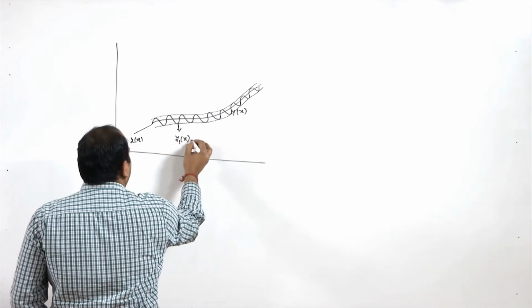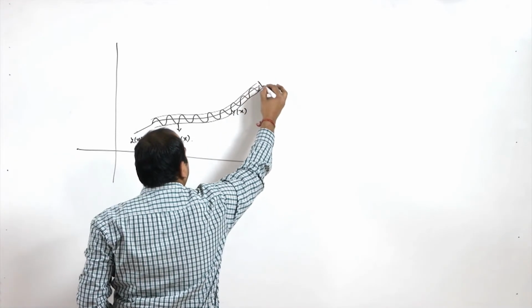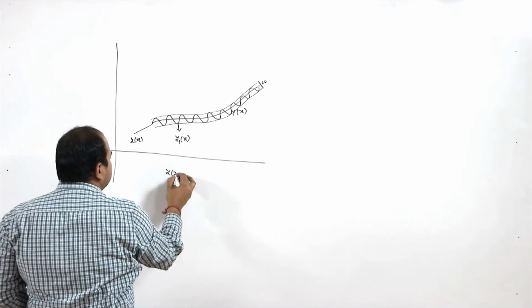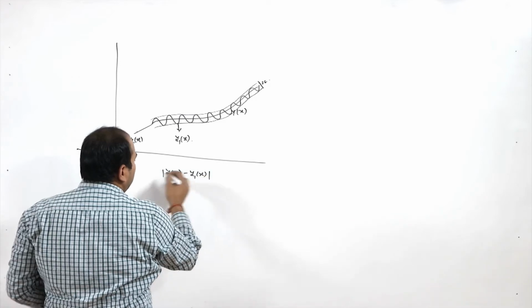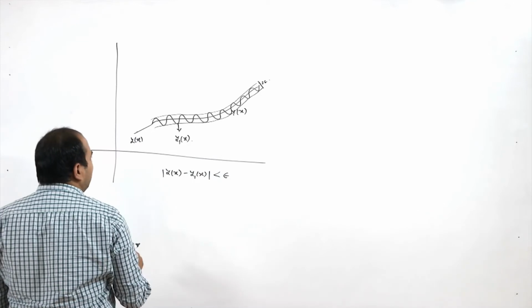Now if the distance is, say, 2 epsilon, then we can say that all the time the difference between y(x) and y1(x) is less than epsilon.